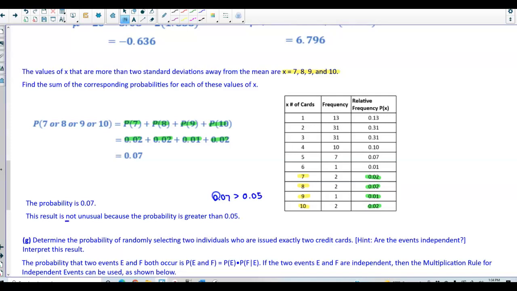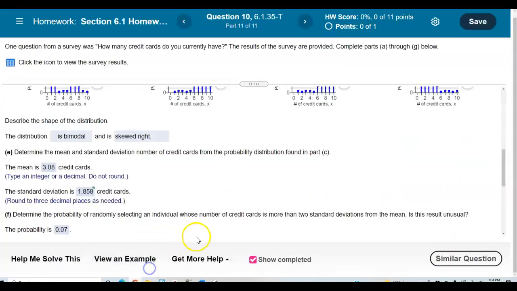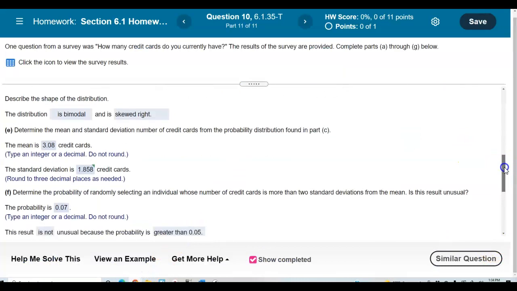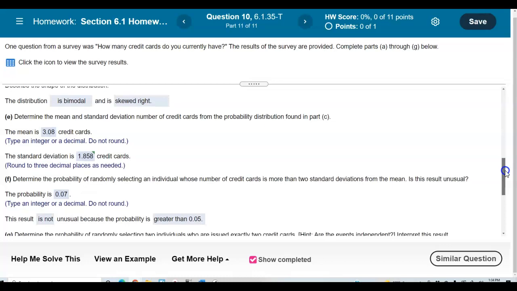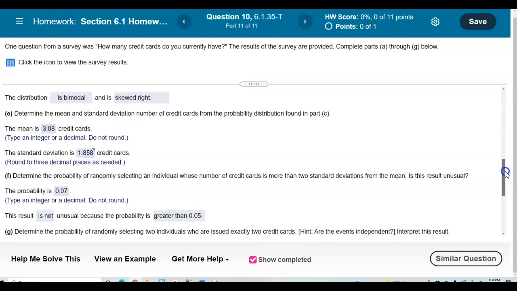Therefore, we would say the result is not unusual because the probability is greater than 0.05. So answering our question, we would say that this result is not unusual because the probability is greater than 0.05.